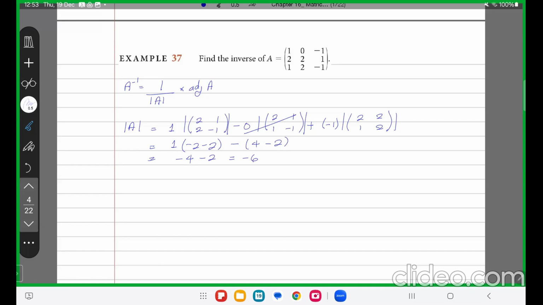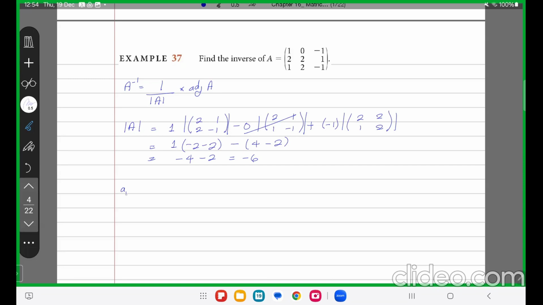So we need the determinant. The next thing we need is adjoint A. But before we can get adjoint A, we have to get the matrix of cofactors. And to get the matrix of cofactors, we need the cofactor of every element in the matrix A. So let's get the cofactors.